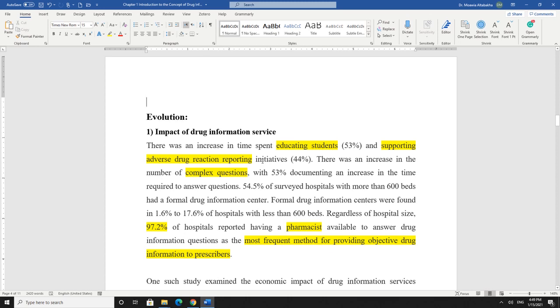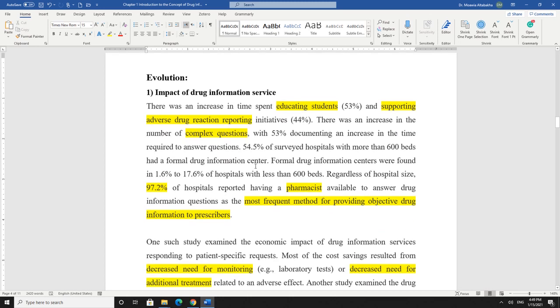What we mean here is how drug information grew, how it developed. Of course, nowadays there is more time spent in educating students about drug information in order to be able to answer complex questions.